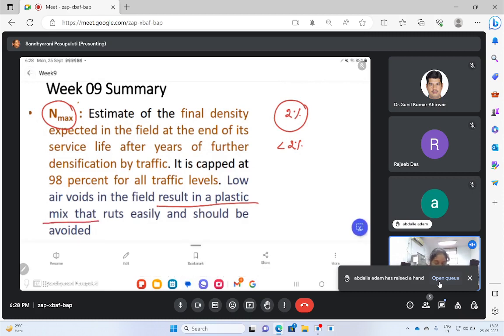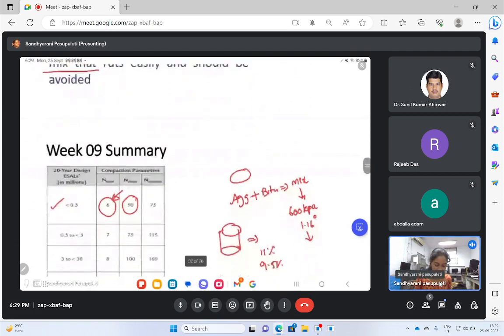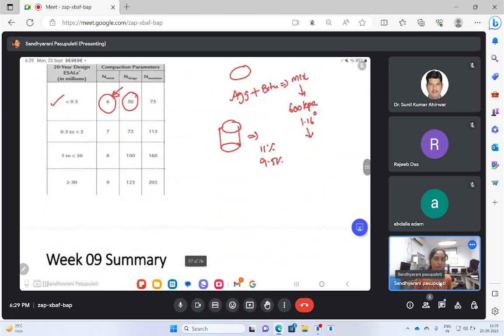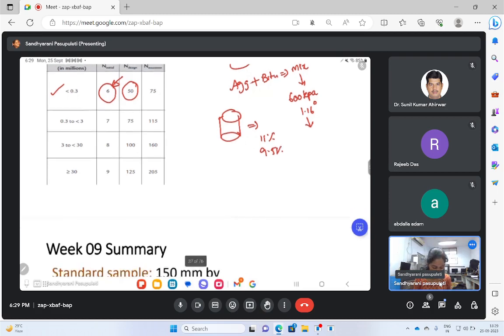So all the mixes in the Superpave gyratory compaction should satisfy these N initial, N design and N maximum criteria. The amount of aggregate and binder, which is nothing but the asphalt mixture, the weight and combination which satisfies N initial, N design and N maximum, would be taken for further either performance tests or the mix designs.